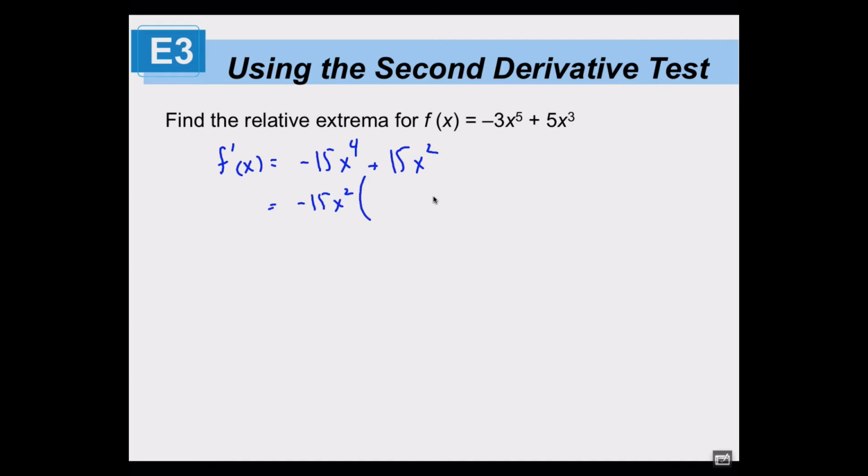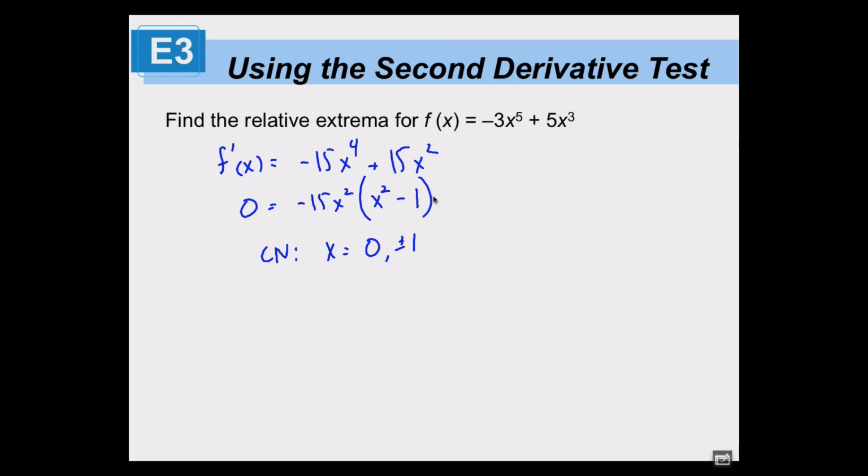That'll give me x squared minus 1. So therefore, set it equal to 0. So my critical numbers are x equals 0, plus or minus 1. Okay, with me so far? Good.